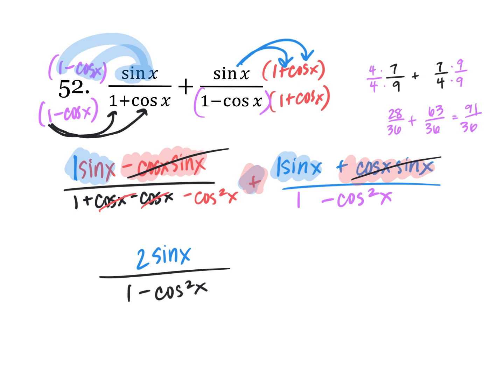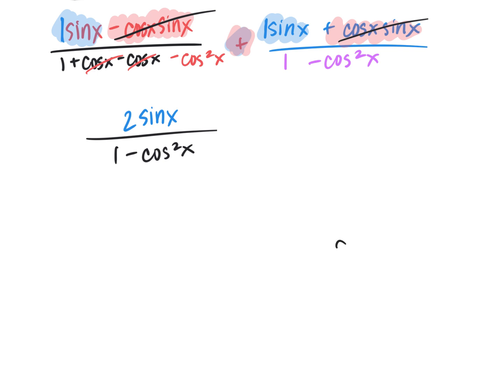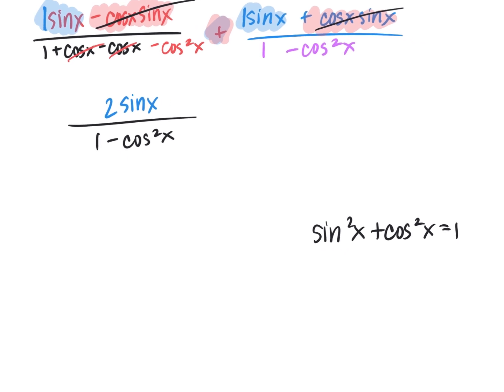Here's the deal. You agree I've got a squared down here and a 1 down here? This is new to us. We know sine squared plus cosine squared is 1. Last time Teddy said just move things around. Can I move this over there to be 1 minus cosine squared? Wouldn't it match then? So what is 1 minus cosine squared going to equal? Sine squared.